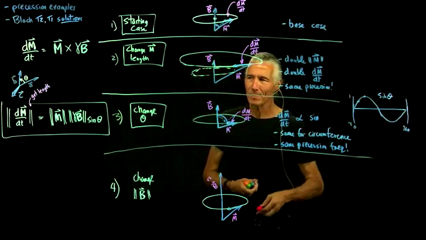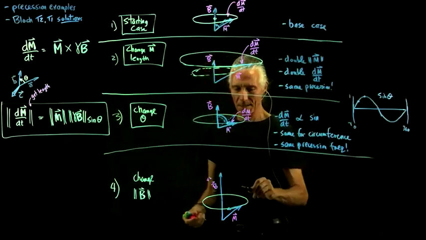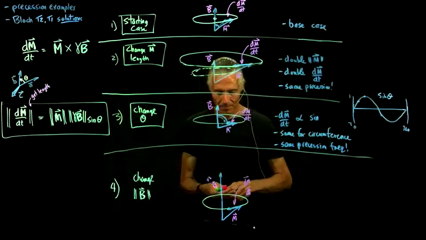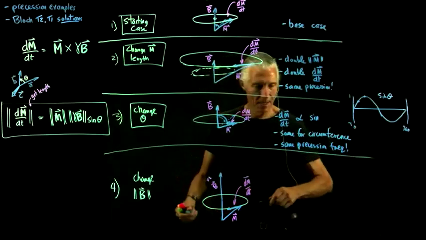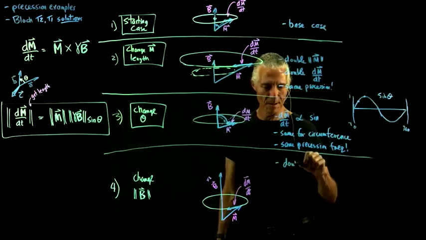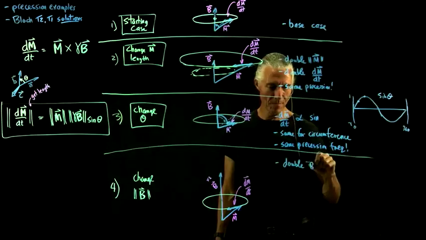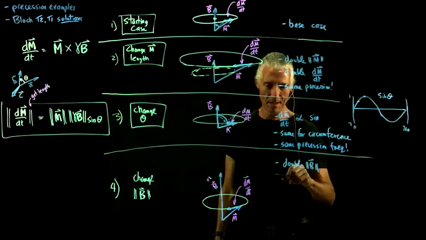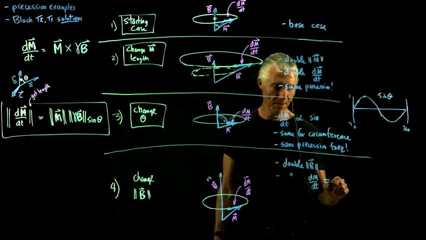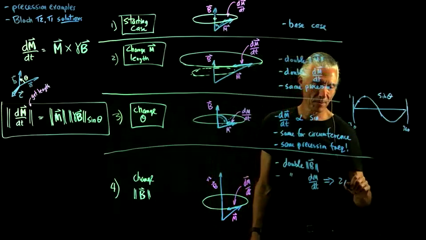And so what does that mean? It means it's going to be going around twice as fast. So this is double the length of B, and that doubles dm dt. So that means 2 times the precession frequency.